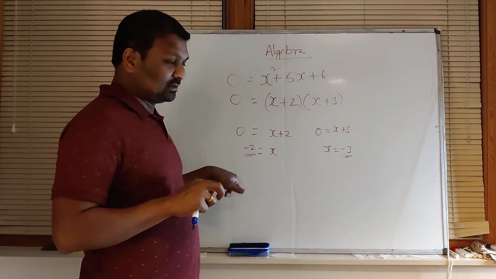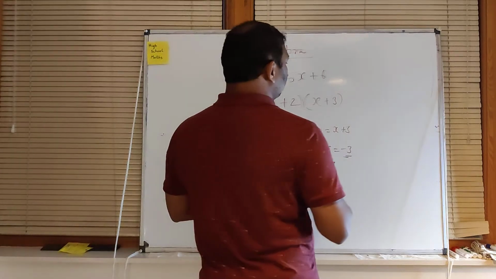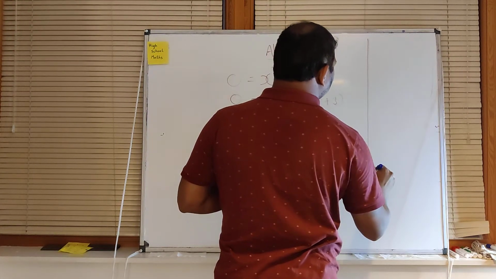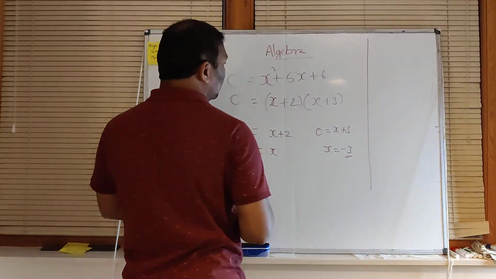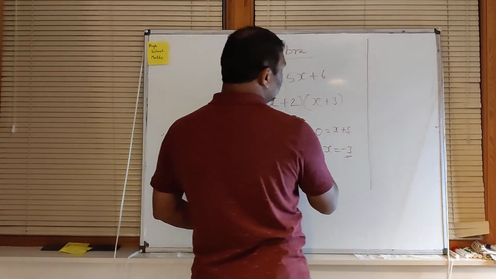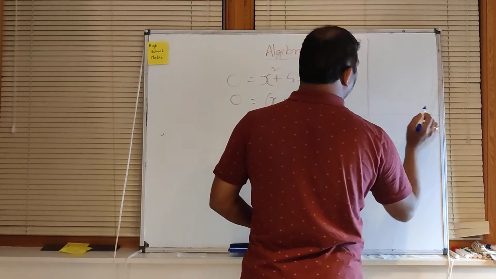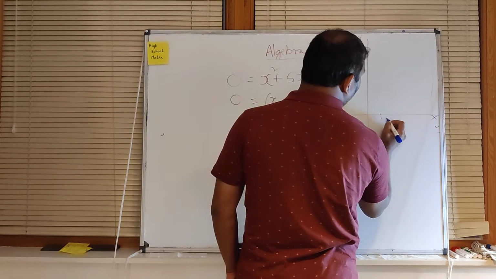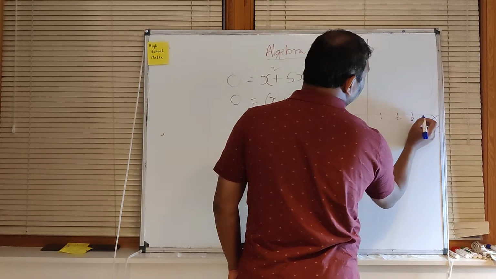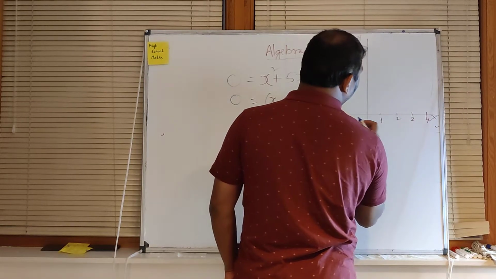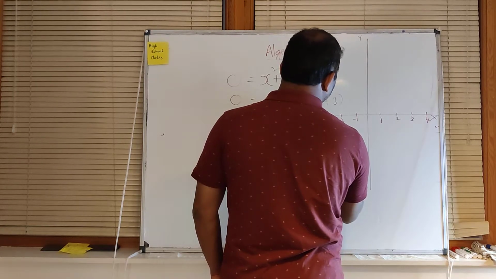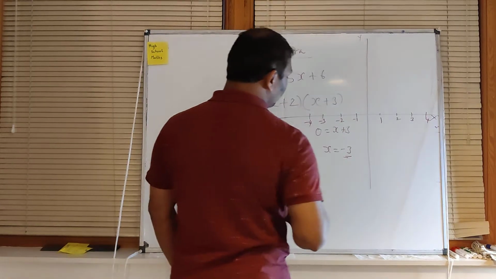Here y is equal to 0, so those are the 2 points where y is 0. So this is the x-axis and this is the y-axis. I'll put here 1, 2, 3, 4. Similarly on the left side, minus 1, minus 2, minus 3, minus 4.